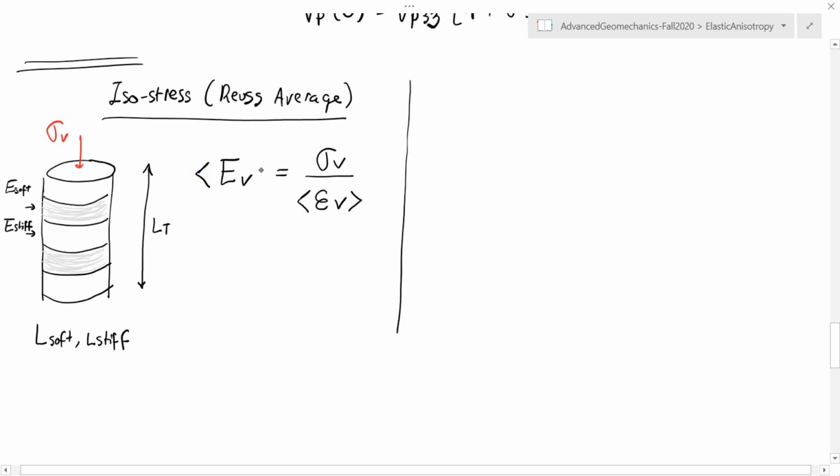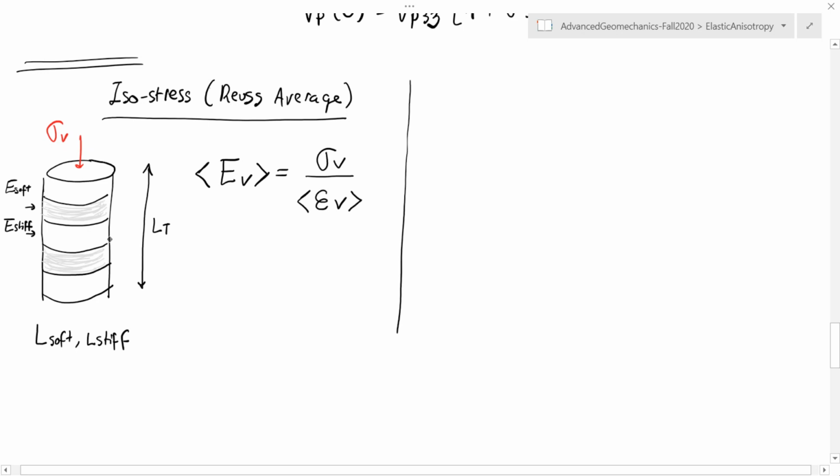That's why I'm adding these angle brackets, which mean effective. What I'm going to do here is find an equation for the effective vertical Young modulus of this composite rock.